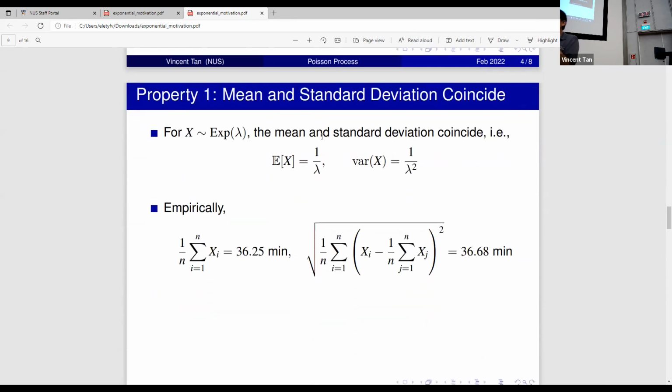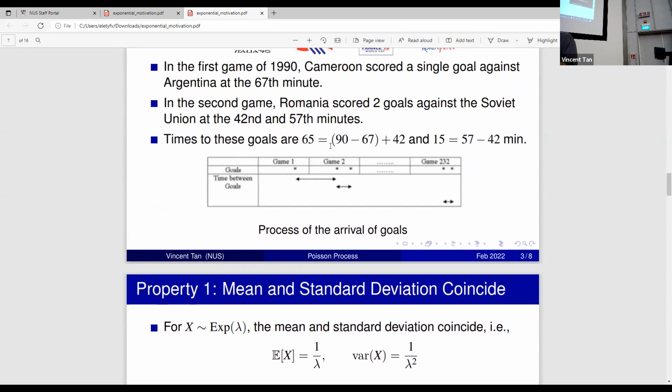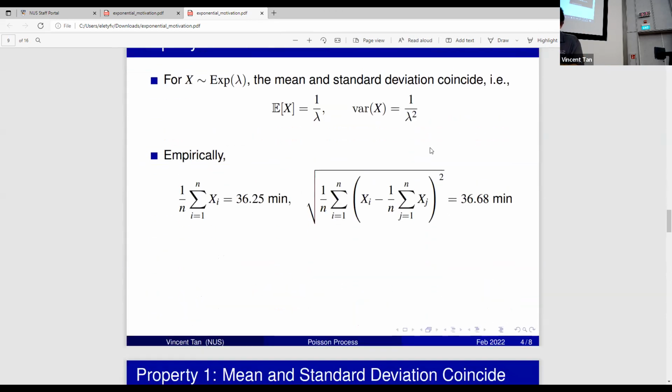Empirically, if you look at all the 232 goals and their inter-arrival times, the first few are 67 minutes, then 65, then 50, and so on. Then you compute their empirical mean, that means you average them. You get 36.25 minutes.